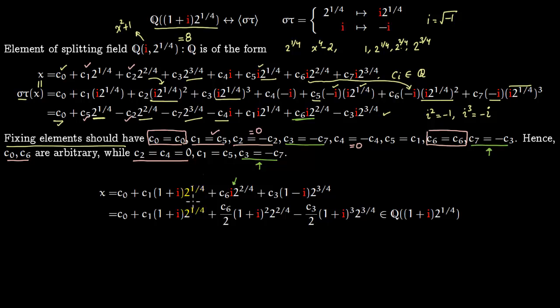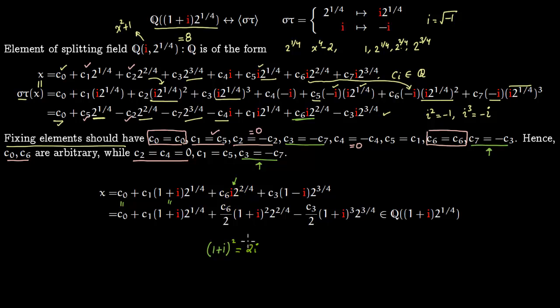But this you can rewrite. Don't make any changes here, don't make any changes here. Here you know that 1 plus I squared will give you just 2I.